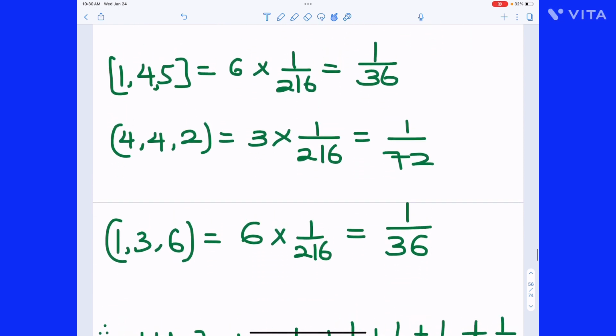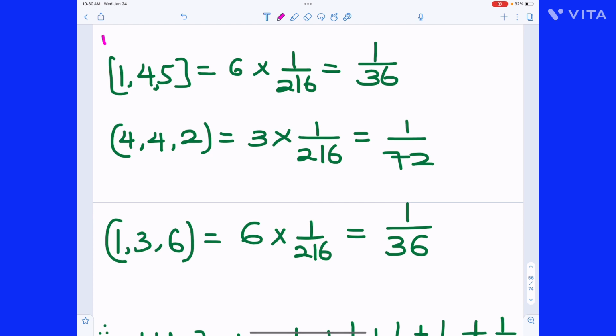Next is the probability of getting a total score of 10 with the numbers 1, 4, 5 coming out of the 3 dice. Now there are 6 different ways of getting the results 1, 4, 5.